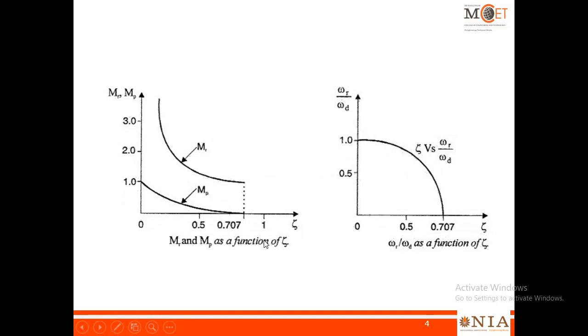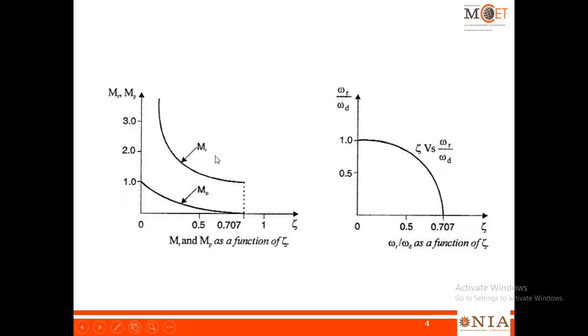Here you can see two graphs, one is MR and another one is MP. This is the resonant peak MR that we have seen in frequency domain specifications. This MP, if you remember properly, is from time domain specifications. In time domain specifications, we have derived this MP, the peak value. So we are just showing how MR and MP vary with respect to tau.